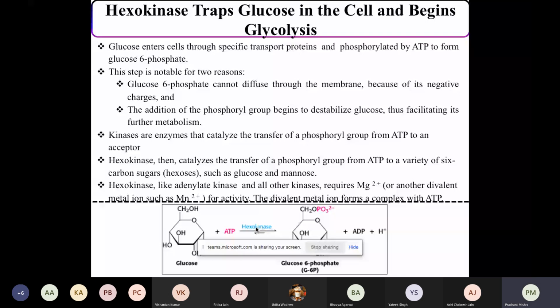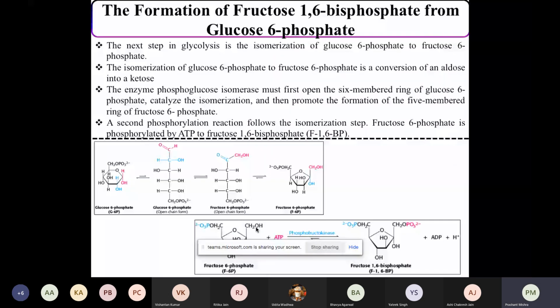So once you have learned this story, let us talk about how the formation of fructose 1,6-bisphosphate occurs from glucose 6-phosphate. You have seen that glucose has been converted into glucose 6-phosphate utilizing hexokinase. Though there are other kinases, you will learn that there is a specific kinase, glucokinase. You can have fructose kinase, but hexokinase is a common kinase having different Km values for different substrates.